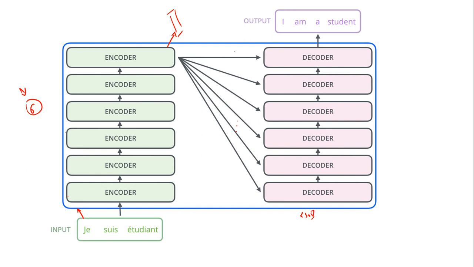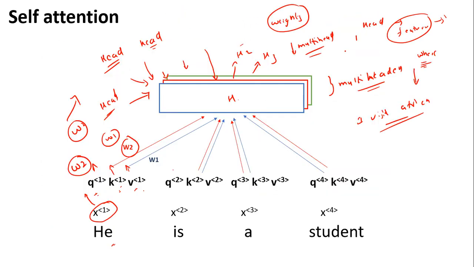Based on this, we are calculating the output. So whenever we are sending the French sentence, we get this matrix, and we finally get this output, and we get the end of sentence token.